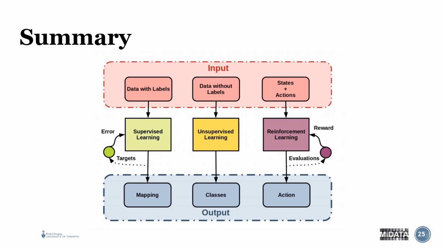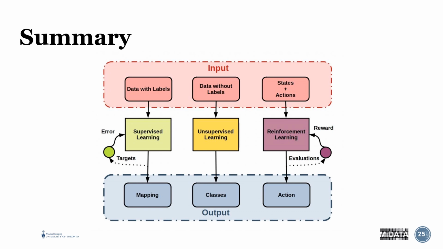There are three large types of algorithms that we've talked about: supervised learning, unsupervised learning, and reinforcement learning. And from all of these algorithms comes your output. Your research question, or your project, will determine what kind of output you need, and that's going to help you in deciding which approach to adopt.